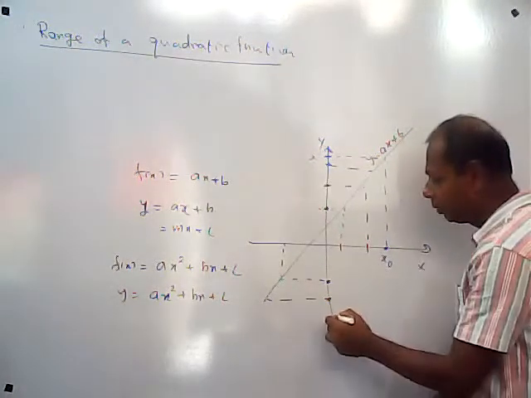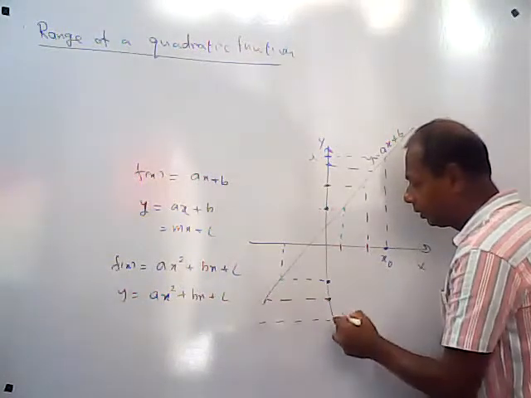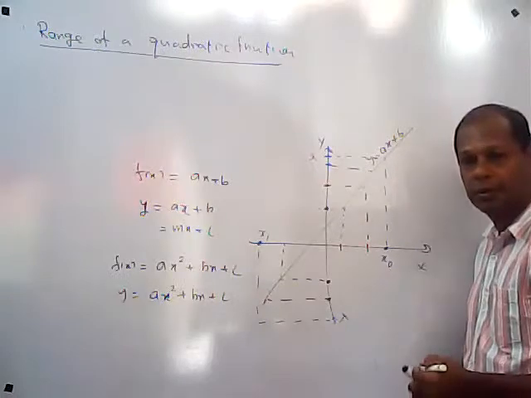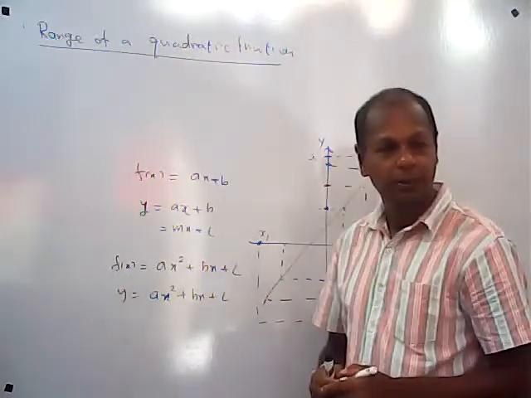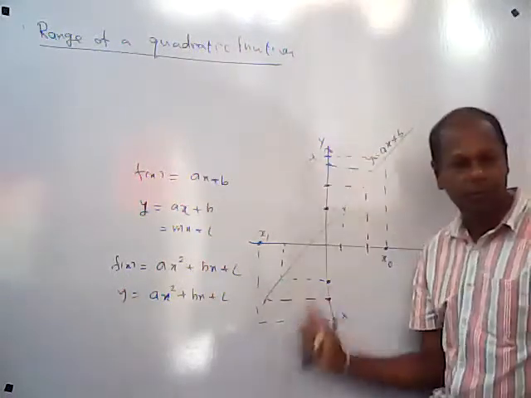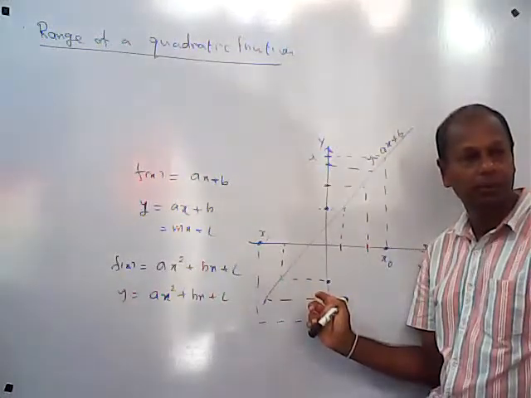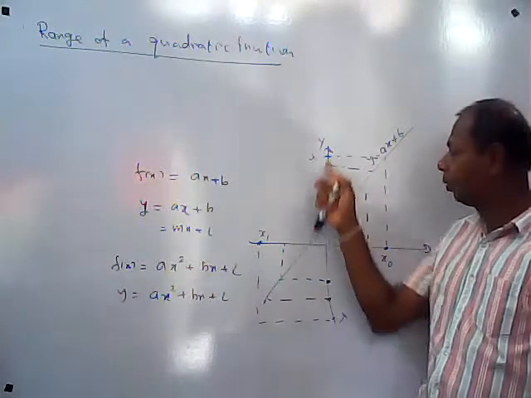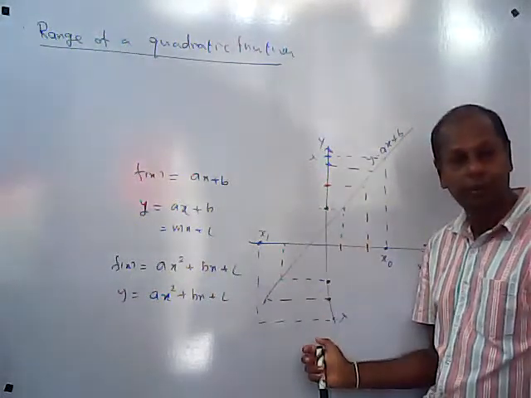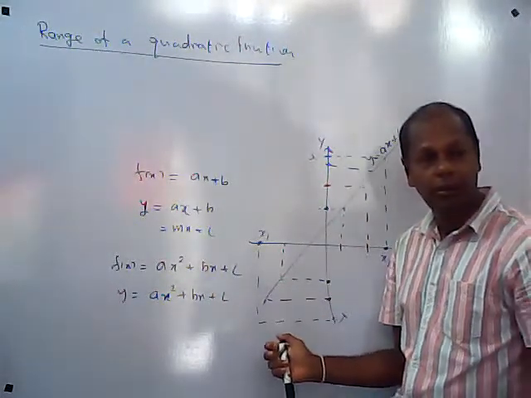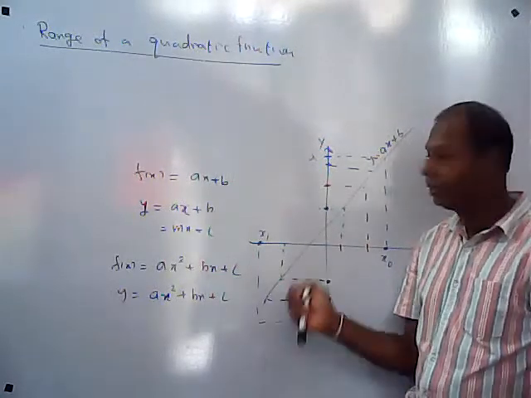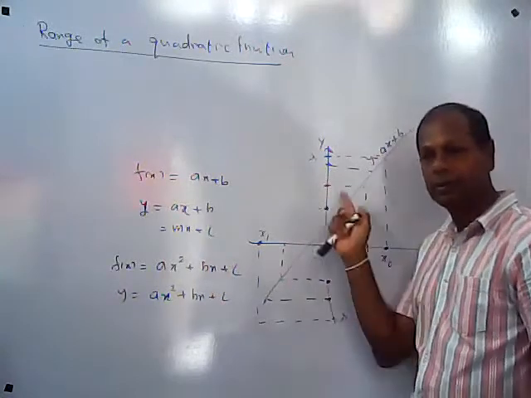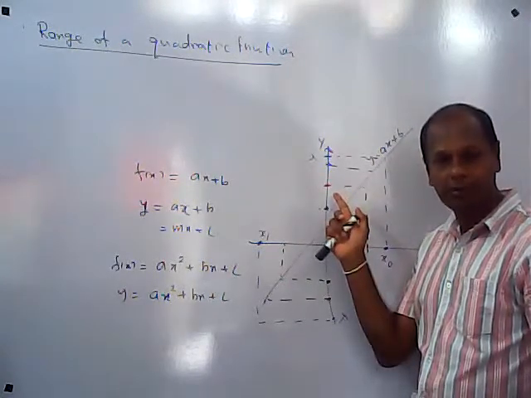For any lambda, you can generate it by some x value. Therefore, the range consists of all real numbers. The range of a linear function is all real numbers. Any real number you can generate by a straight line.